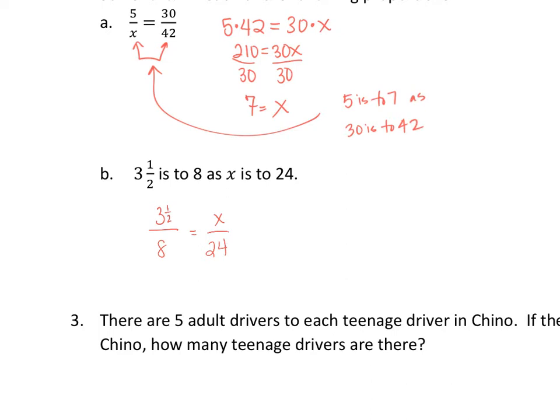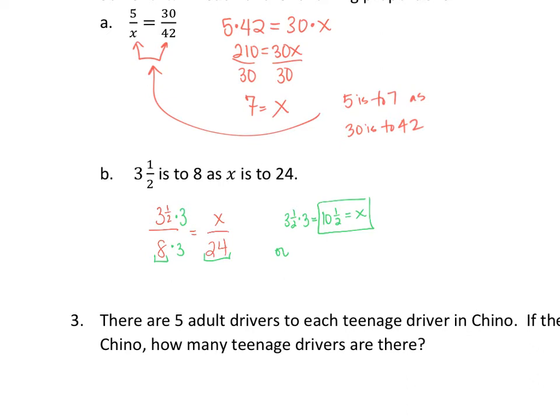So a quick way to do this is to notice that 8 and 24, they're off by 3. Like if I multiply 8 by 3, I would make 24. So if I multiplied the top by 3, then I'd have an equivalent fraction. So a fast way to do this is to say 3.5 times 3, which is 10.5. That is what our x would need to be in order for those to be equal.